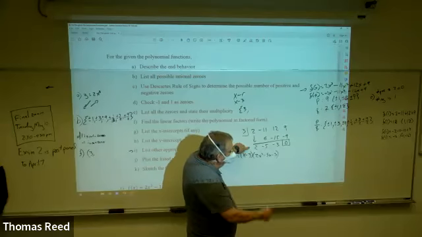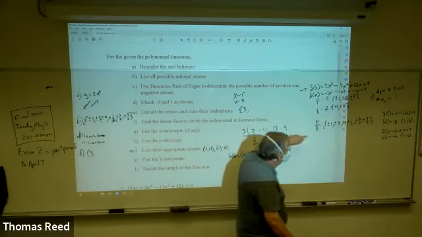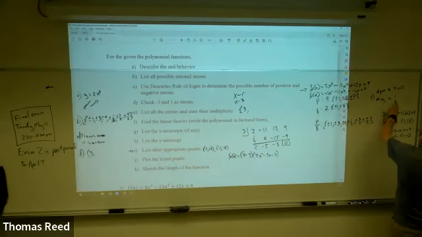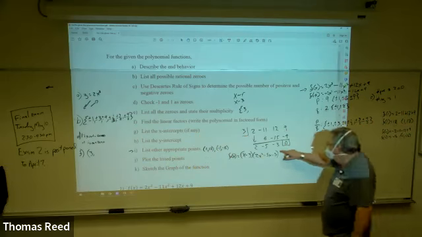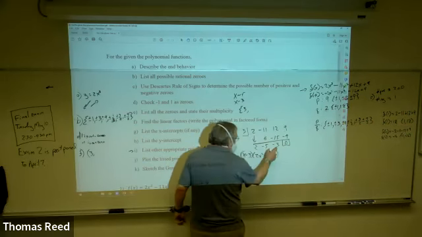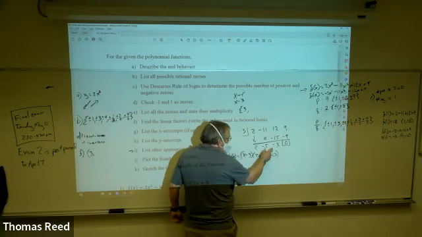I can see if negative 3 gives me a zero, because I know I'm supposed to have a negative zero. And I'm pretty sure 9 won't be a zero because this isn't a 9. 9 won't divide that.